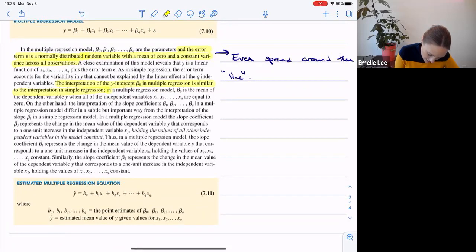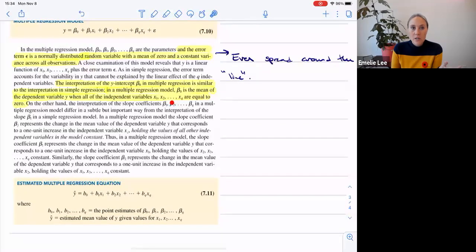Oh yeah, but now in the multiple regression model, we have more than one x. Sorry, I forgot to read the rest of it, right? And so now we have more than one x, and so now all of them have to be set to 0 because otherwise you don't have the predicted value of y, right?